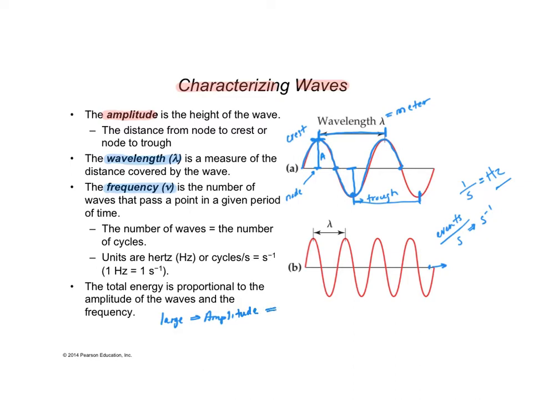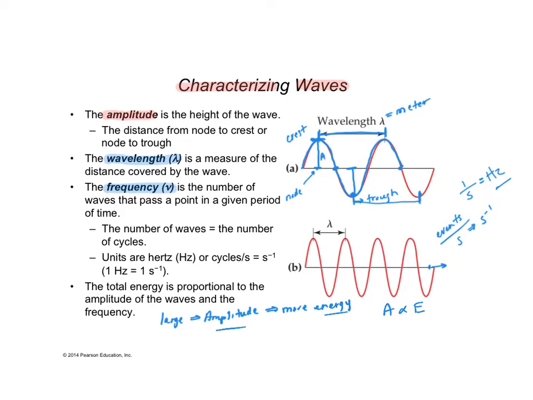If you think about getting hit by a big wave, the more energy you're going to have in that wave, right? So larger waves, larger amplitudes lead to more energy. So amplitude and energy are going to be directly proportional to one another.